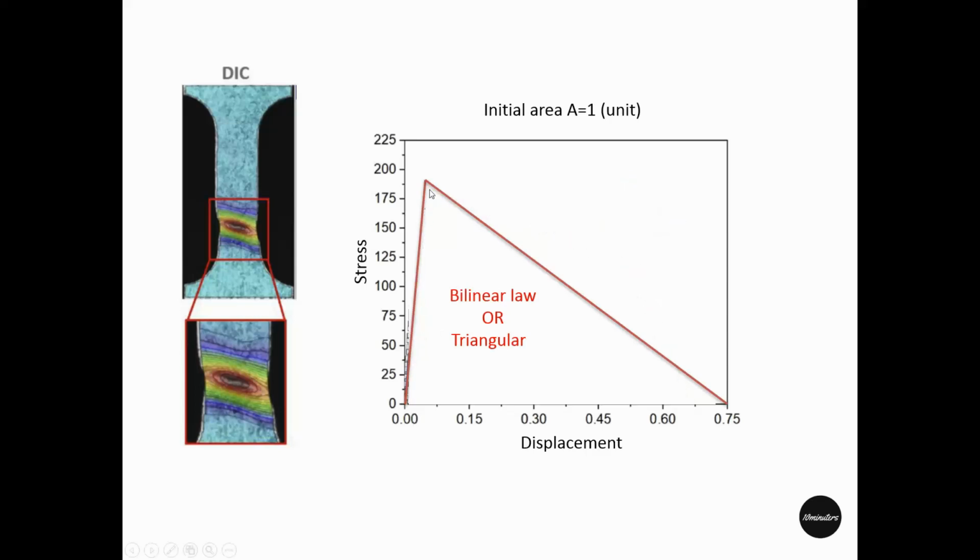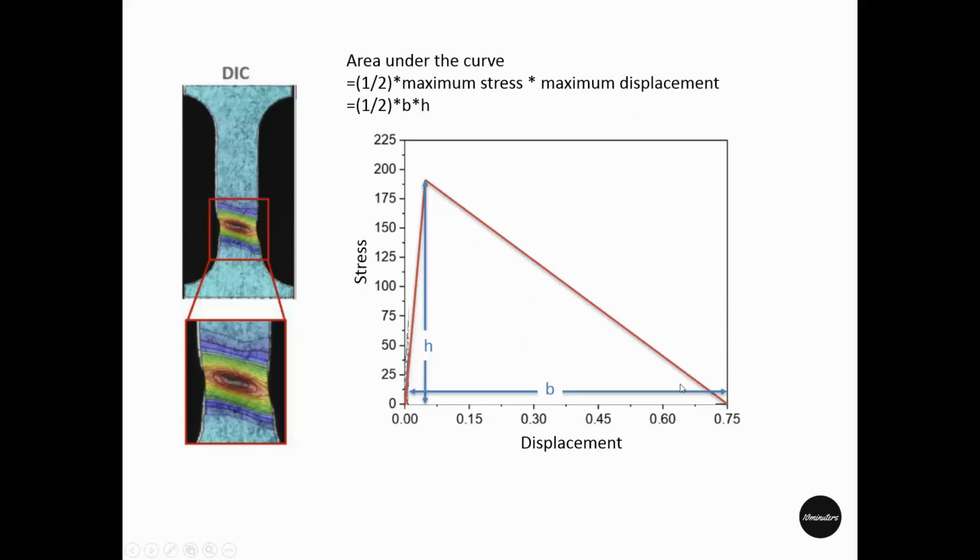Let's for now only focus on the bilinear cohesive law. Area under this triangle can be defined by the width and height of the triangle. The unit of the area will be stress multiplied by displacement, which is energy per unit area.